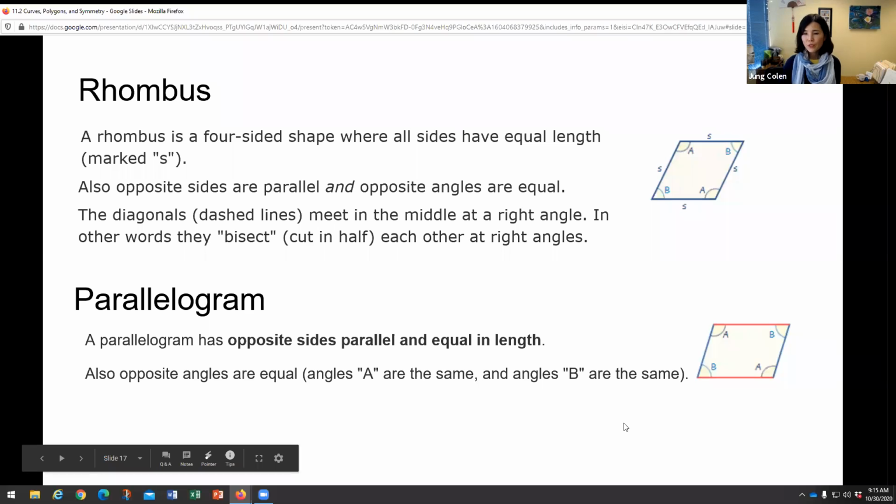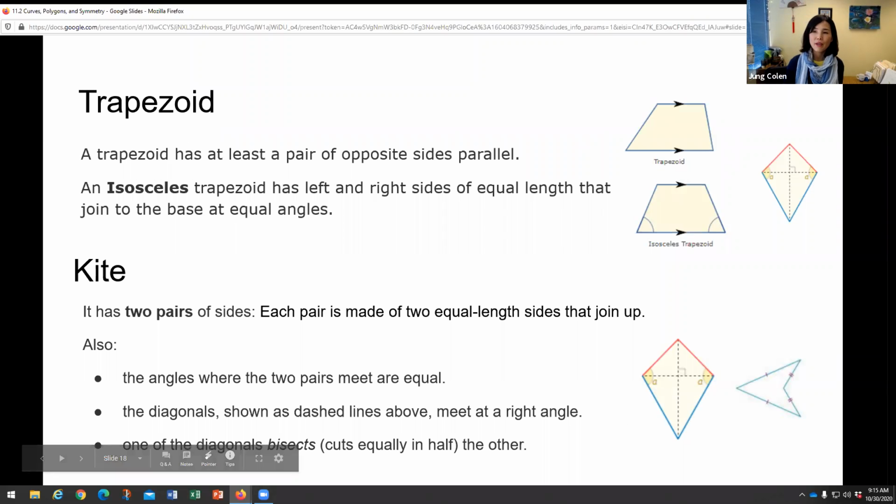What if you have only one pair that are parallel? It becomes trapezoid. Trapezoid has at least a pair of opposite sides that are parallel. So if you have only one pair that are parallel, like this or like that, they are called trapezoid. Then think about it. How about parallelogram?